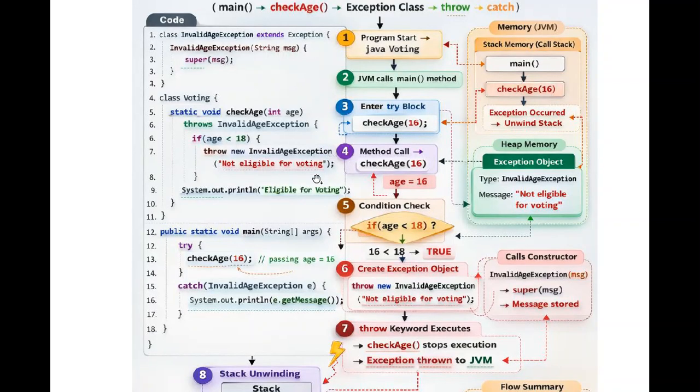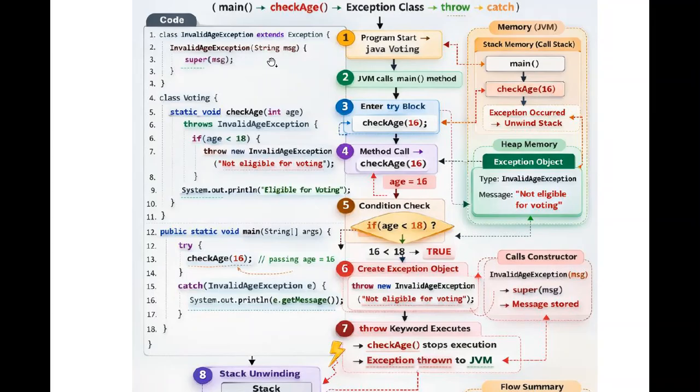What will happen is it will call this constructor, new InvalidAgeException, present in the check age method. Currently it is executing this constructor; control is transferred from line number 7 to line number 2.